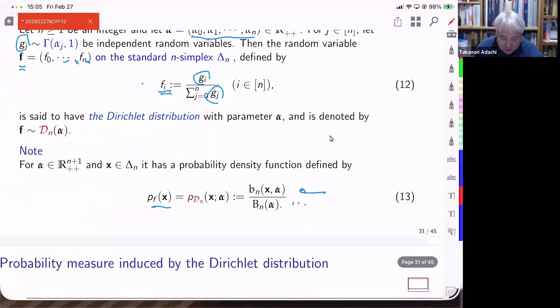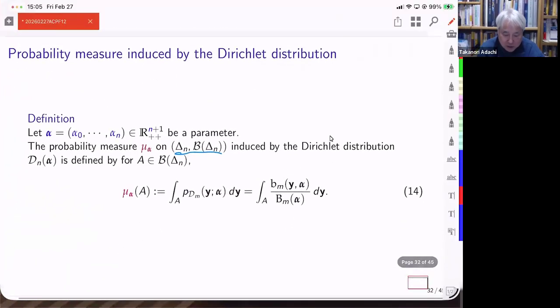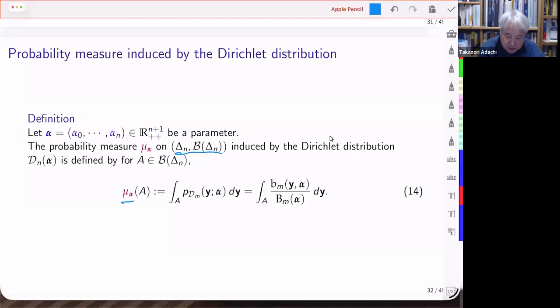Okay, here. No, not here. So this mu_a is a probability measure, just as I explained, which was missed, and defined with this guide. Remember, this is a probability density function, with the usual Euclidean Lebesgue measure, the Lebesgue integral.